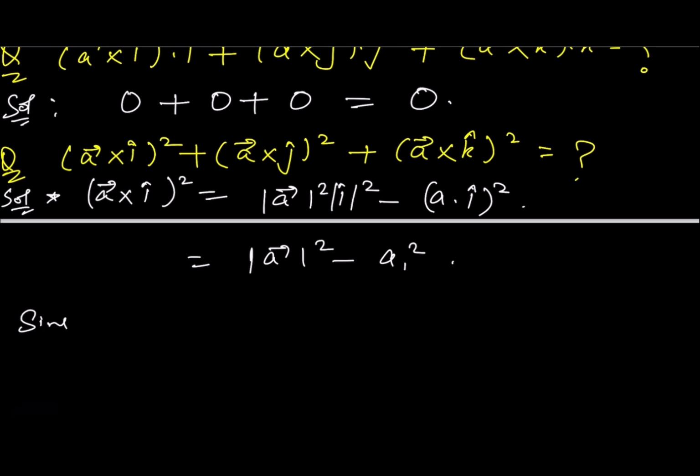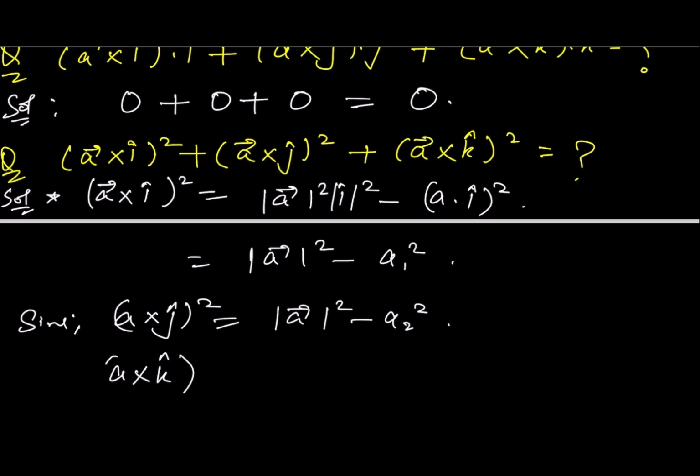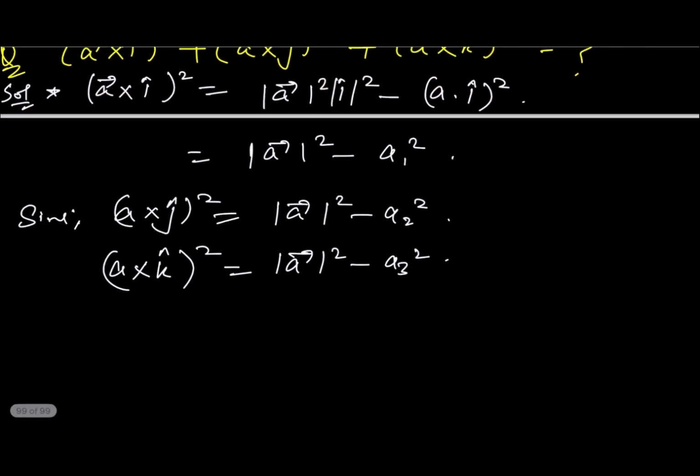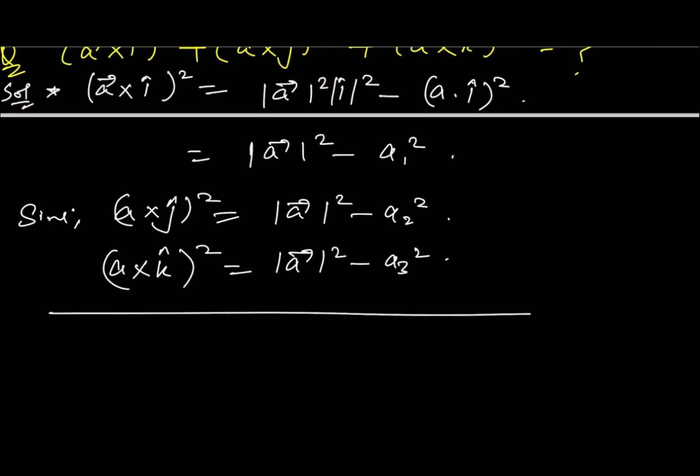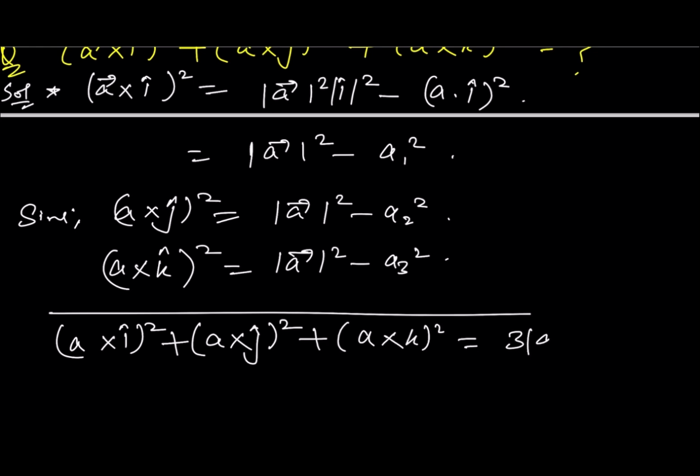Similarly, A cross J whole square is mod A square minus A2 square, and A cross K whole square is mod A square minus A3 square. After adding, A cross I square plus A cross J square plus A cross K square is equal to 3 mod A square minus mod A square, which is 2 mod A square.